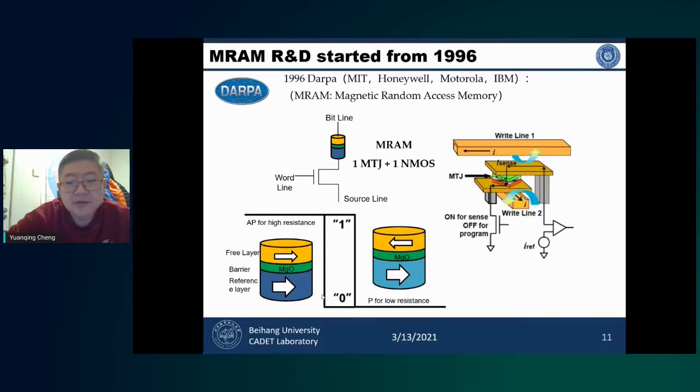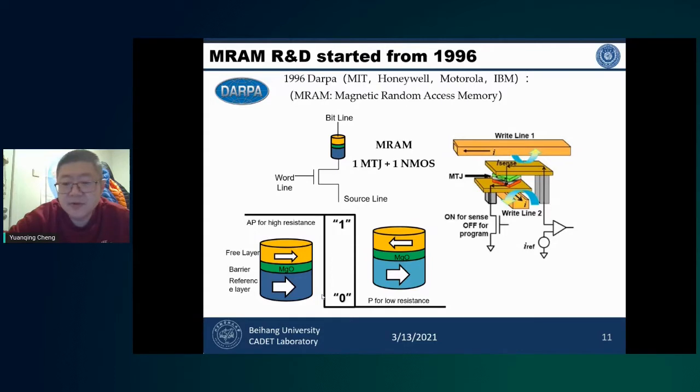But in that period, the MRAM was what's called toggle MRAM. Let's look at the right figure. There are two orthogonal metal lines, and they can be injected with currents in orthogonal directions.